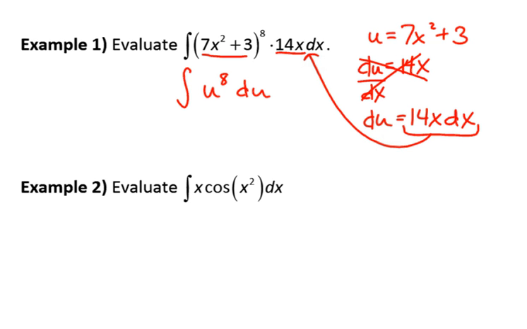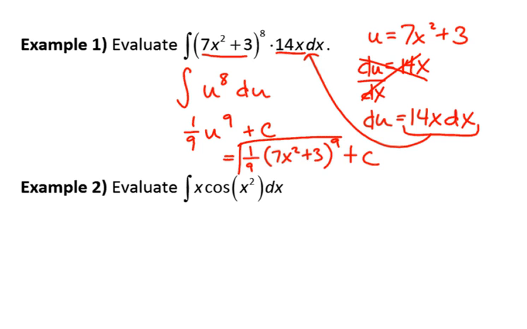And now this becomes very easy to integrate. This is going to be u to the 9th power with a coefficient of 1/9 plus c. You do not want to leave it in terms of u, you want to back substitute. So 1/9 of 7x squared plus 3 to the 9th power plus c, and that is my answer with u substitution.